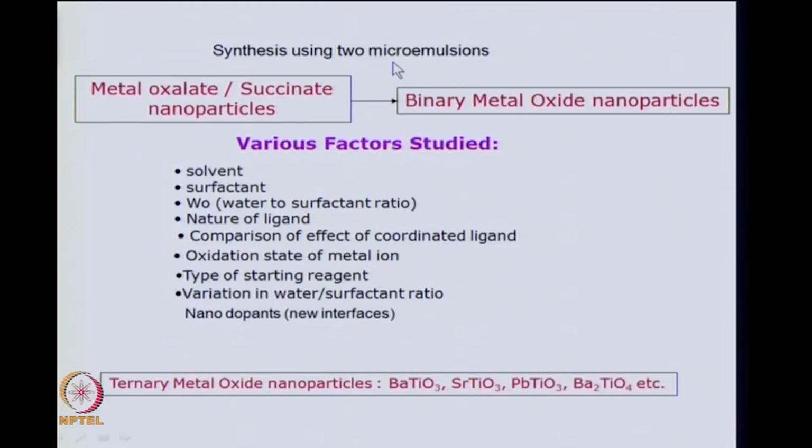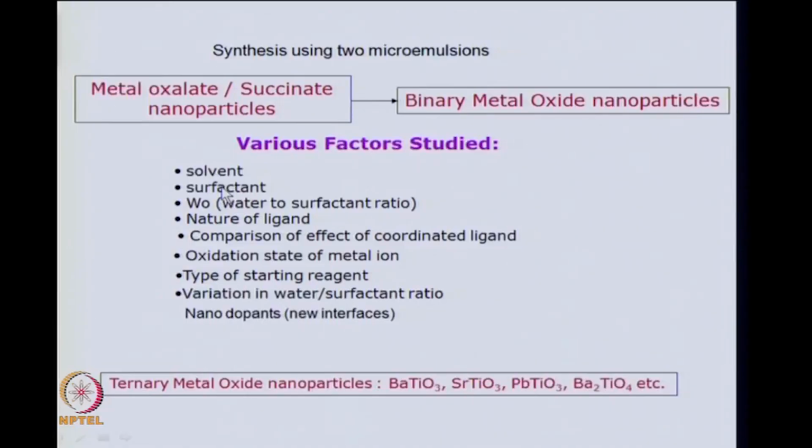So, what are these parameters? These parameters are like the solvent, what is the non-aqueous medium. For example, it can be benzene, it can be toluene, it can be heptane. What is the surfactant? As we discussed in the previous lecture, you can have surfactants like cationic surfactant, you can have an anionic surfactant, you can have surfactants with one tail, that is a hydrocarbon chain, or 2 chains or 3 chains.